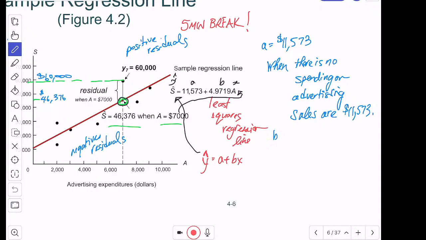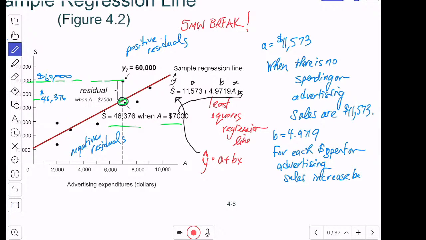And B equals 4.9719 means for each dollar spent on advertising, sales increase by, how do you finish that statement? You guys are giving me qualitative answers.